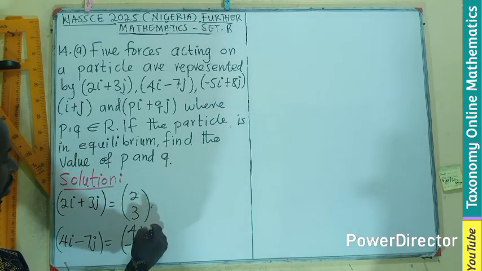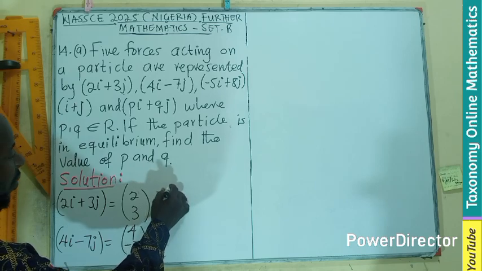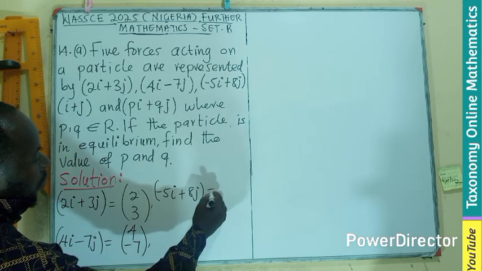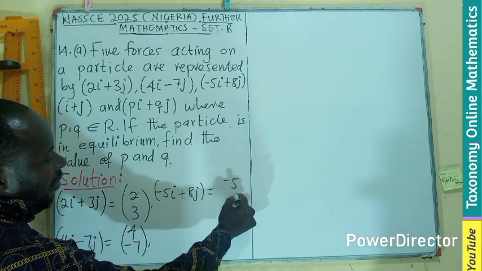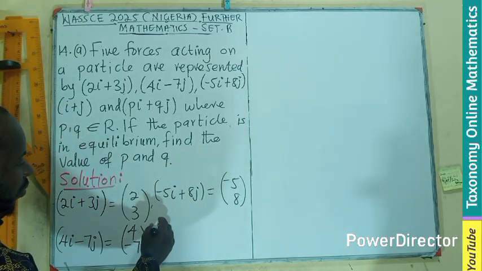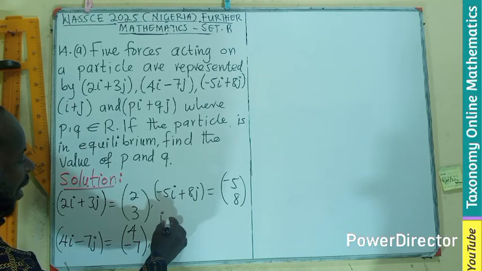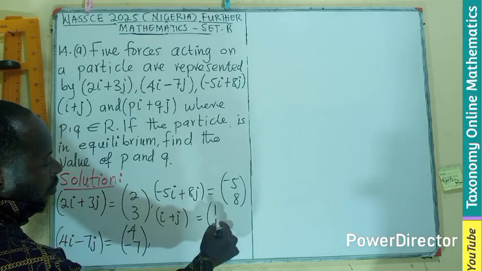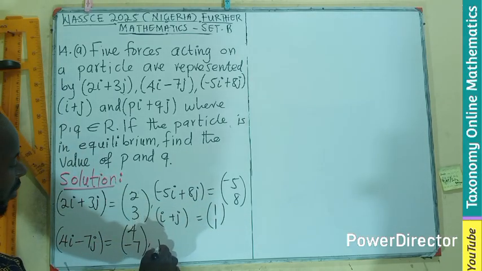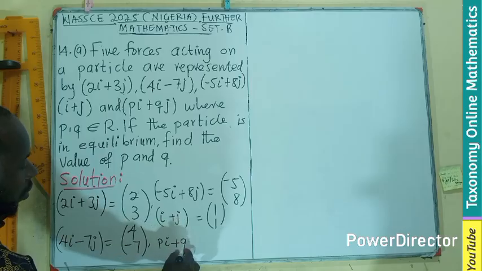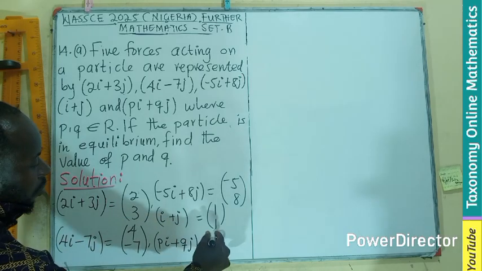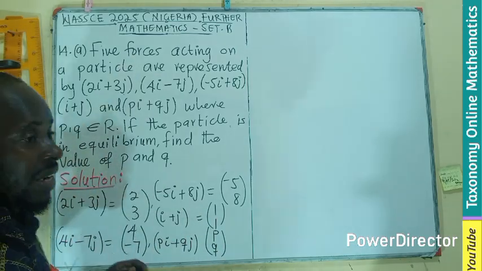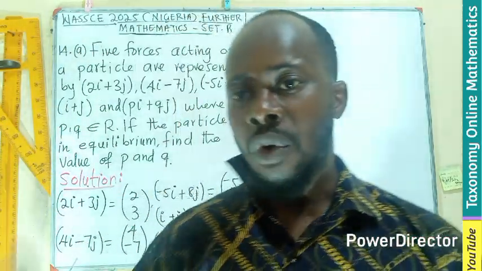Then negative 5i plus 8j is negative 5 on the x, then 8. Then i plus j is 1 on the x-axis, 1 on the y-axis. Then the final one, pi plus qj, meaning p on the x-axis, then q on the y-axis.